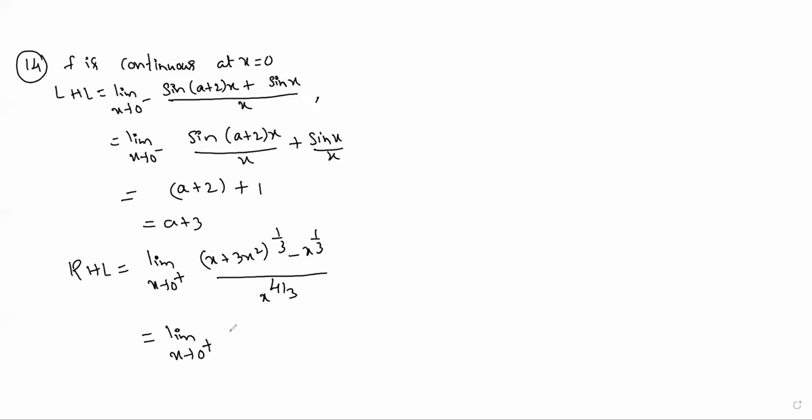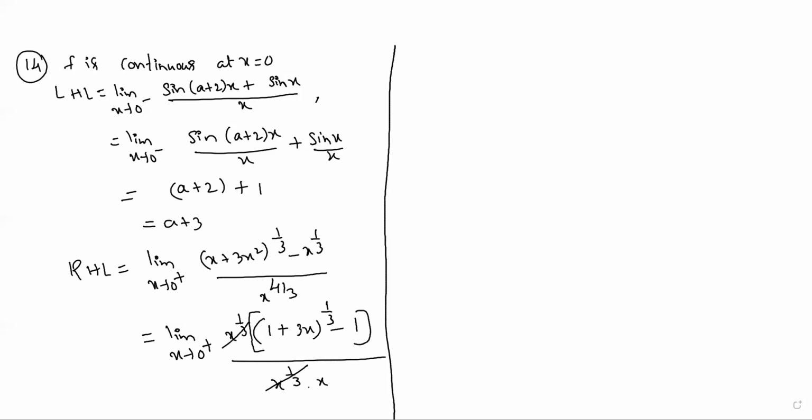I can take common x power 1 by 3 from numerator. Here also if you take x common, it comes outside, it becomes x power 1 by 3, remaining (1 plus 3x) whole power 1 by 3 minus 1. X power 4 by 3 I can write x power 1 by 3 into x. X power 1 by 3, x power 1 by 3 gets cancelled.